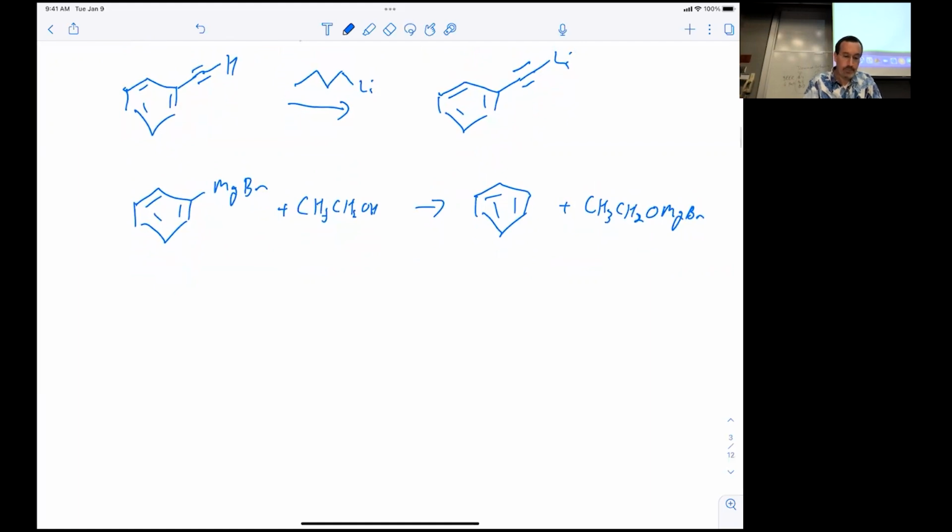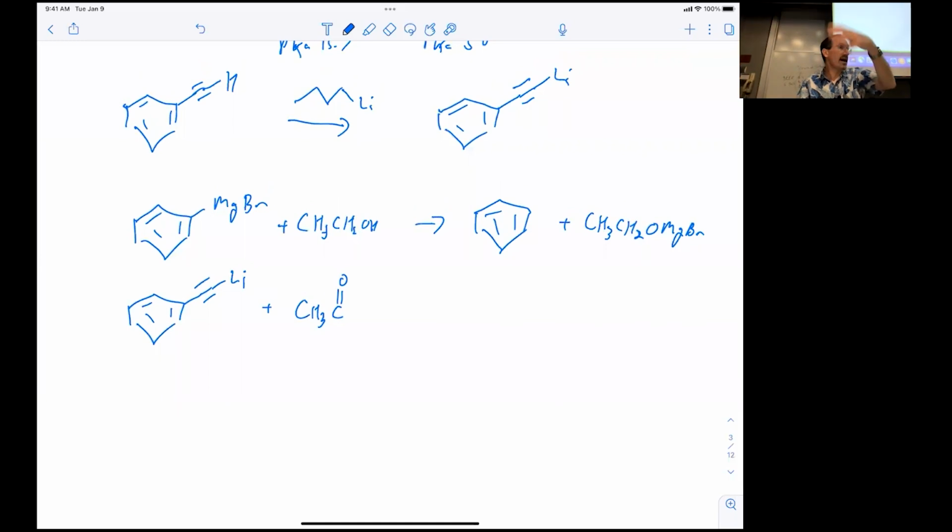Finally, just to complete some various examples that you might think about or encounter, I'll take that lithium phenylacetylide. If we take a carboxylic acid, now remember the pKa of a carboxylic acid, it's a weak acid, but it's not as weak an acid as ethanol.